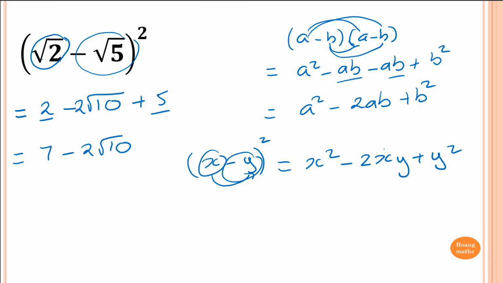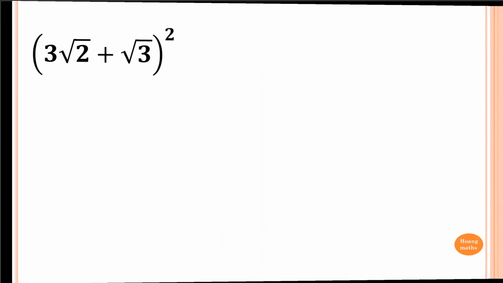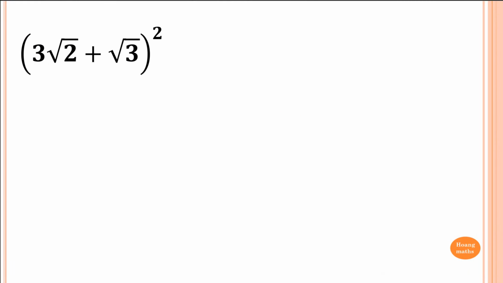Now the next one is the same thing but with a bit of flavor because of the 3 root 2. That's the only difference. So same rule. If I'm not very good at it, I write everything out so you can see clearly.